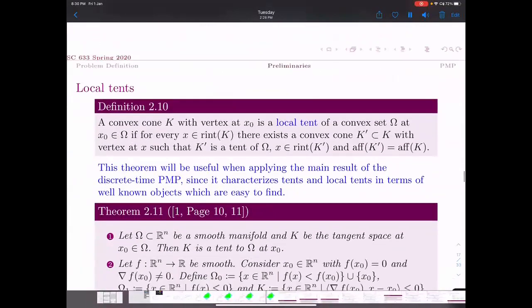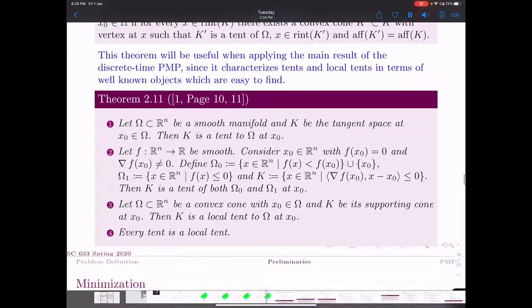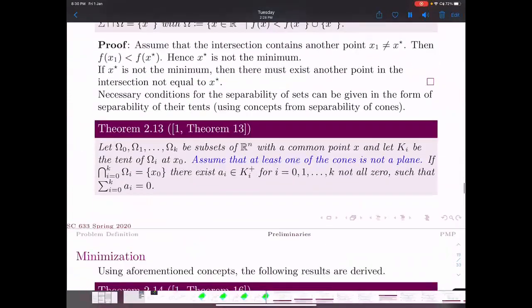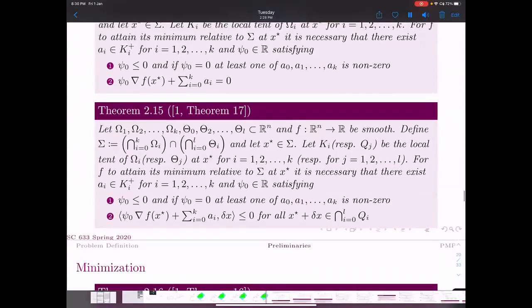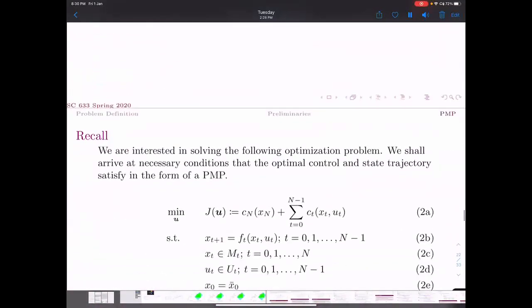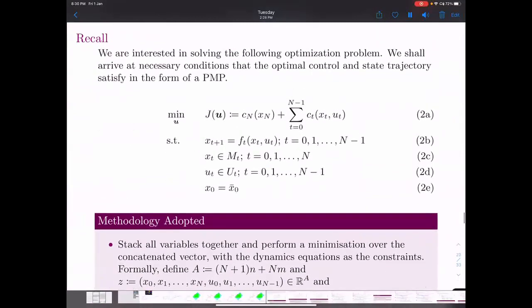So let's maybe, since we've seen the earlier parts, come to the problem we are interested in solving.